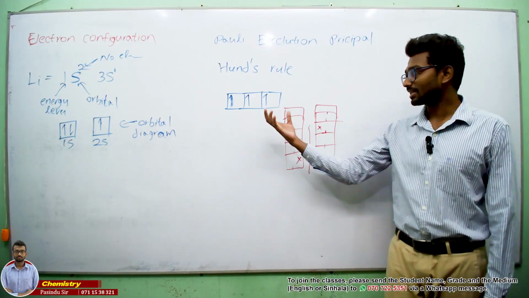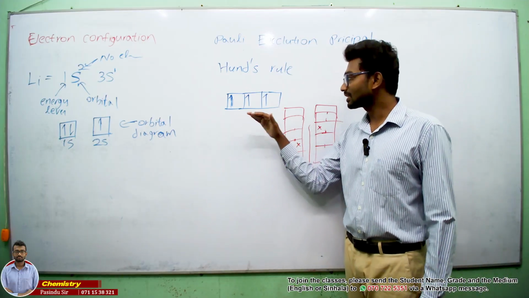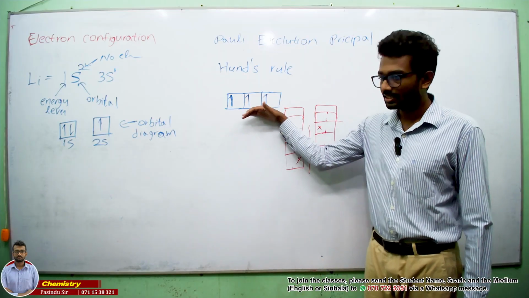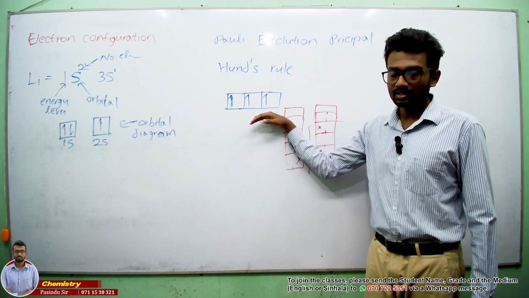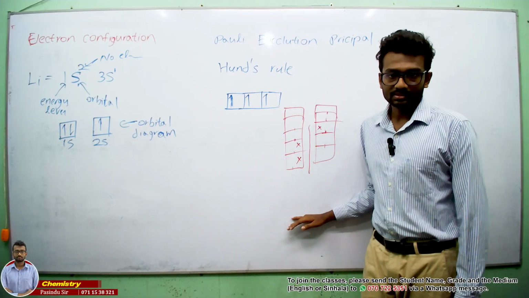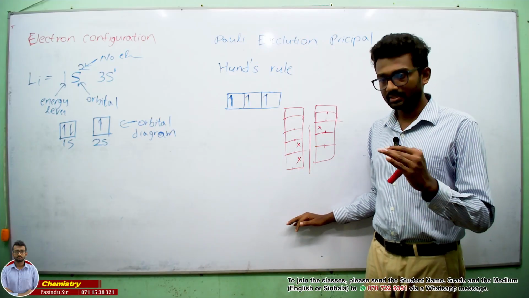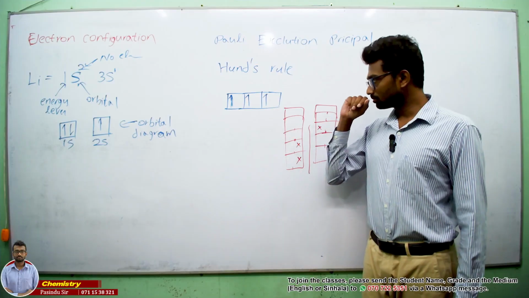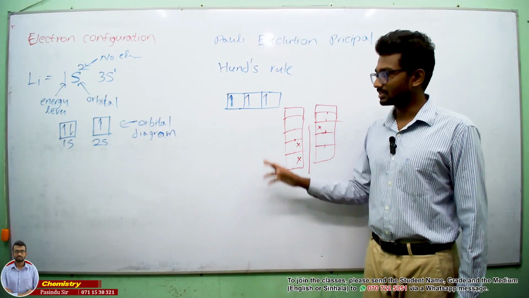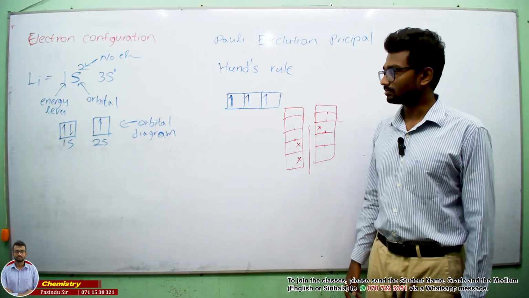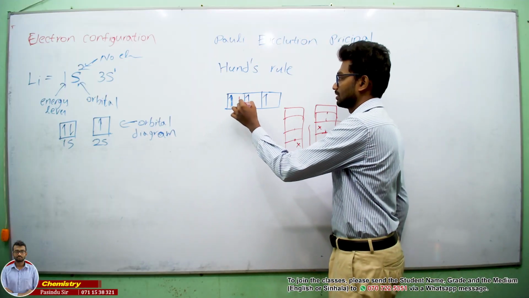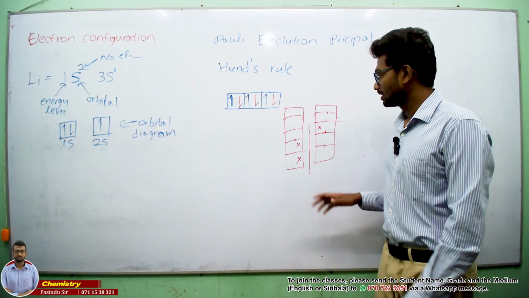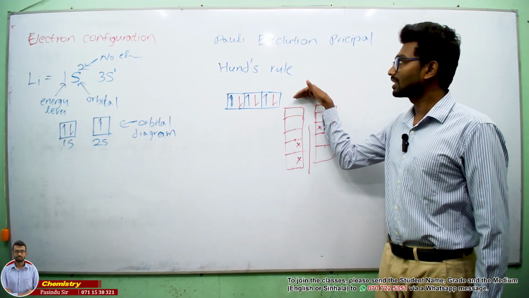Hund said they like to keep the same spin, and then there is extra stability of half-filled and fully filled orbitals. The half-filled one has stability, and the fully filled one is also stable.